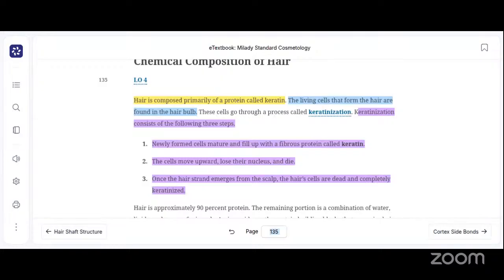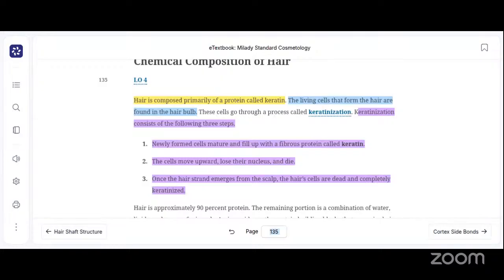So when it says the cells move upward, you have a living hair root, and as it grows upward through the follicle, it's going to lose the nucleus and die, which confirms that the hair shaft is not alive. Once it sprouts out of the follicle, it loses its nucleus, its lifeline, and it dies. So the hair that you see is not alive.